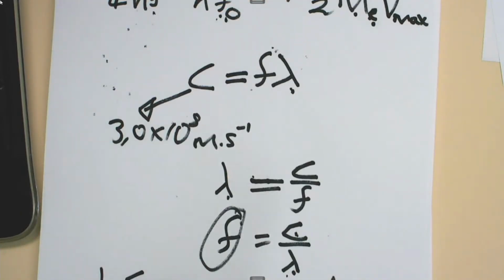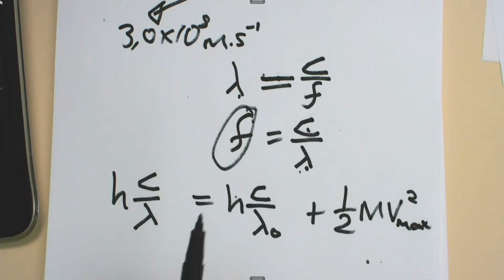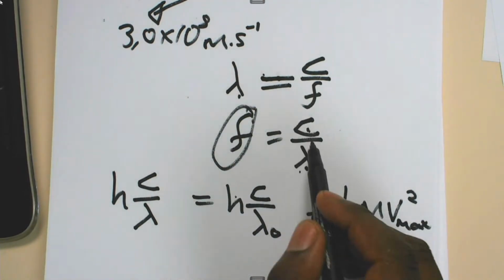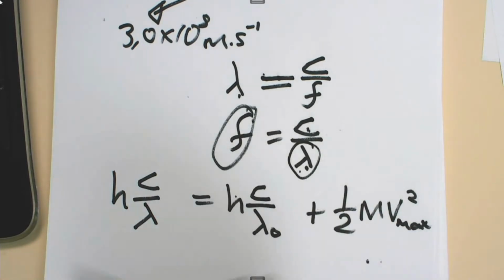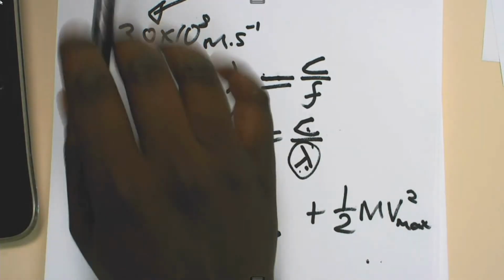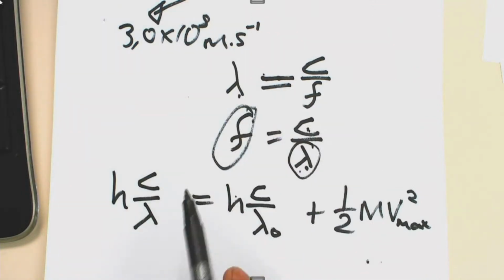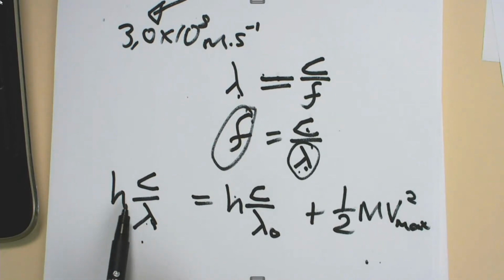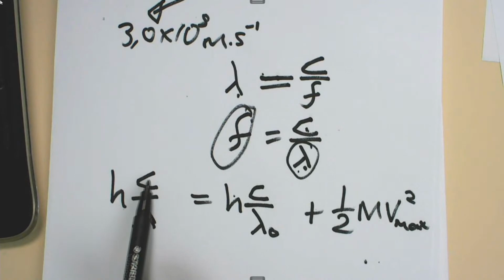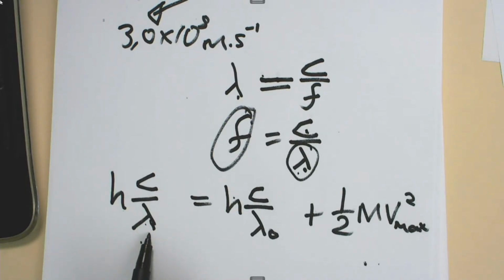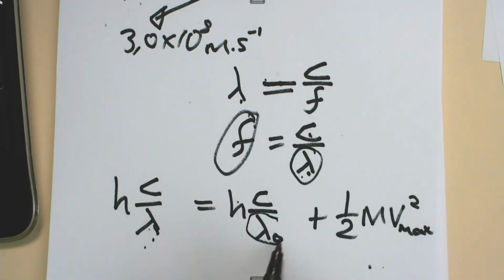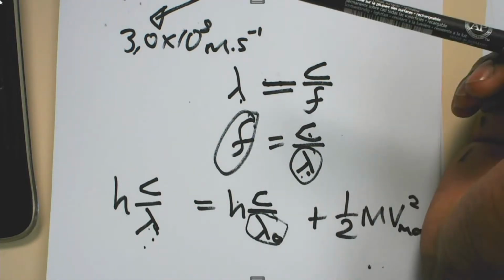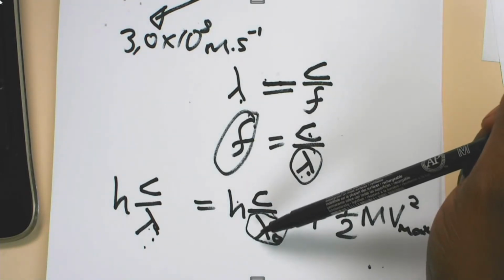And sometimes, depending on the information given, we may be given the wavelength of the light. Then the energy of light will have to be expressed with the wavelength, and we will have hc over wavelength. And even when you are given the threshold wavelength, you will have to express the work function in terms of the threshold wavelength.